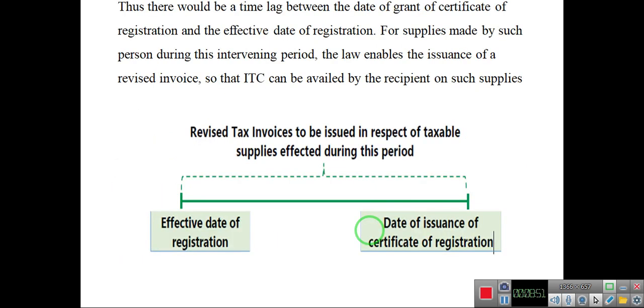So in this case, the time lag between the effective date of registration and the date of issuance of certificate of registration, during this period, whatever invoices issued by the supplier, a revised tax invoice may be issued for those issued invoices.